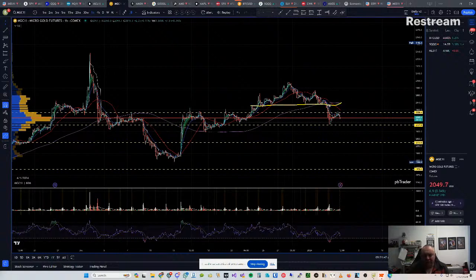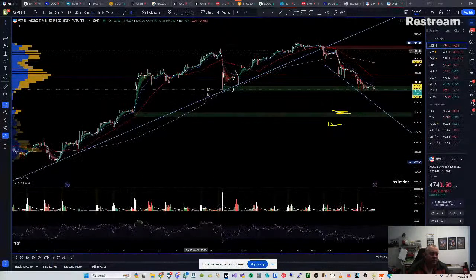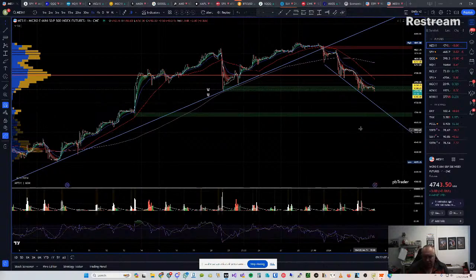This is the neckline there. So came down, we kind of bounced off the neckline and then failed, and then broke it. Yeah, so until we get above that area for a push up, or we can be watching for a bounce down here. That's it. Let's go back to MES, see if there's any change over the last few minutes.